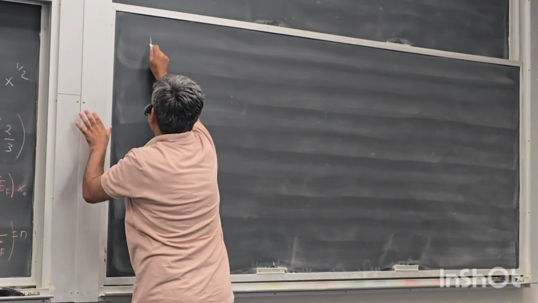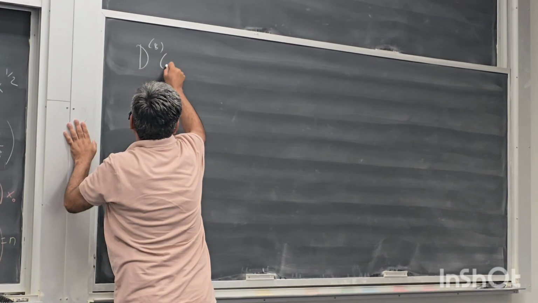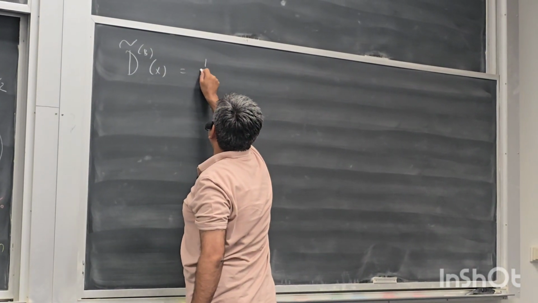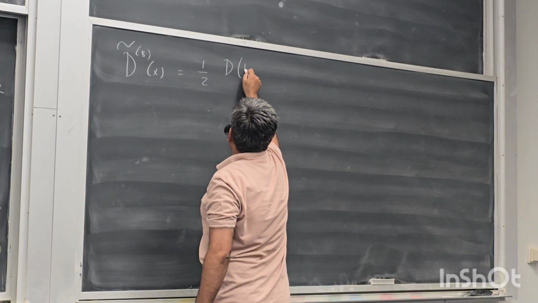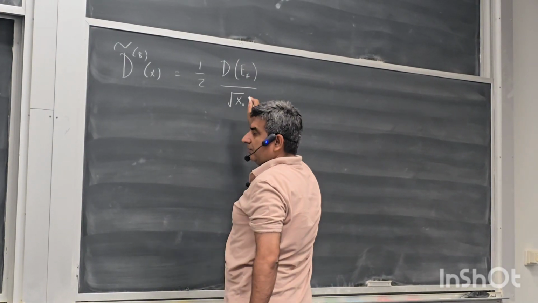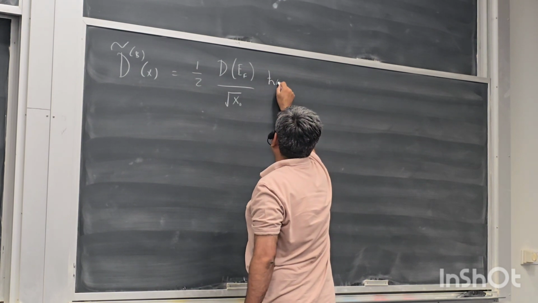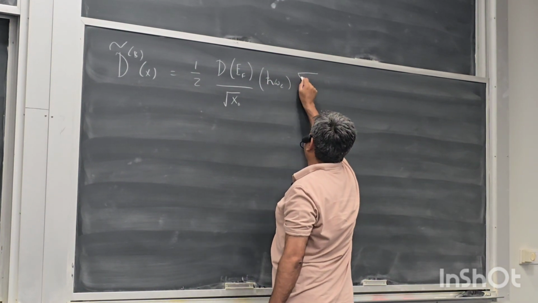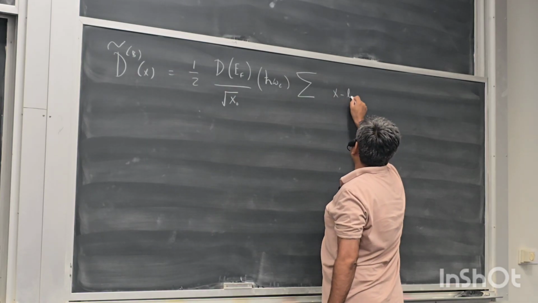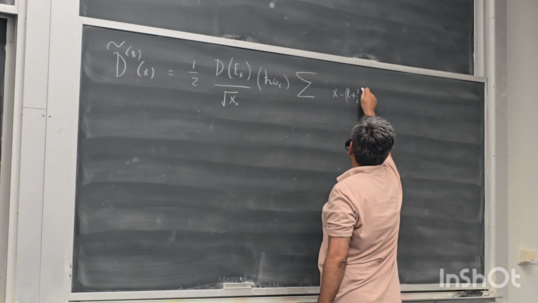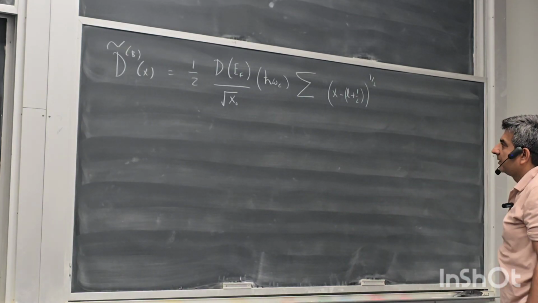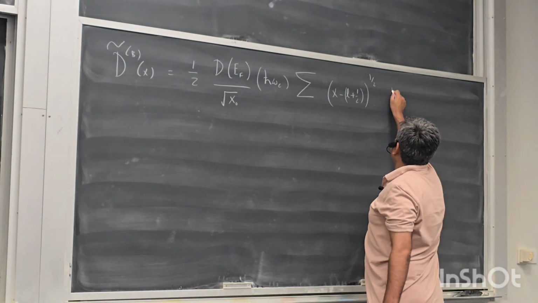So in the presence of a magnetic field, our integrated density of states becomes half dEf over x naught square root h bar omega c integral x minus L plus half raised to power 1 by 2 divided by 1 by 2.